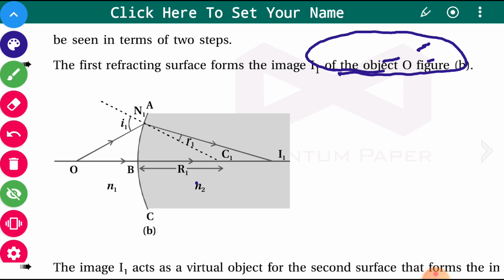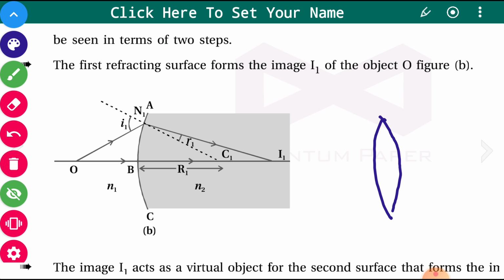As you know, the convex lens is of this particular shape. So we take the first surface, and consider what happens if there is only one surface. Here this is the object O which is kept, then this object distance OB will be u, and this is the incident ray.